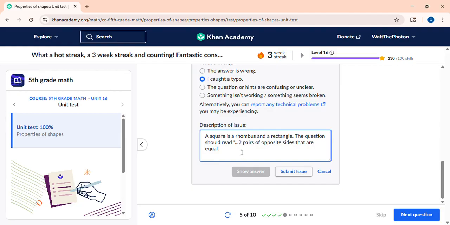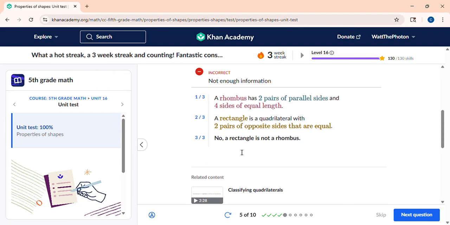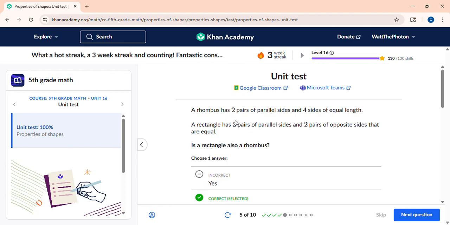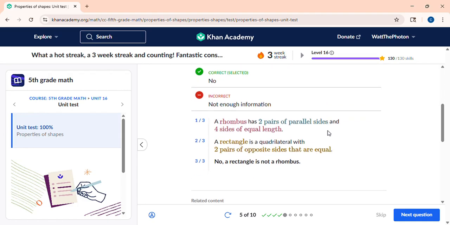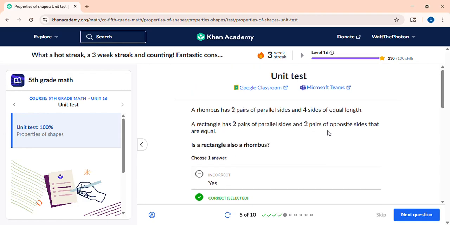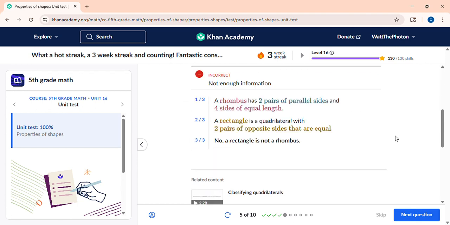Is it a typo? A rectangle has two pairs of parallel sides and two pairs of opposite sides that are equal. I don't know.